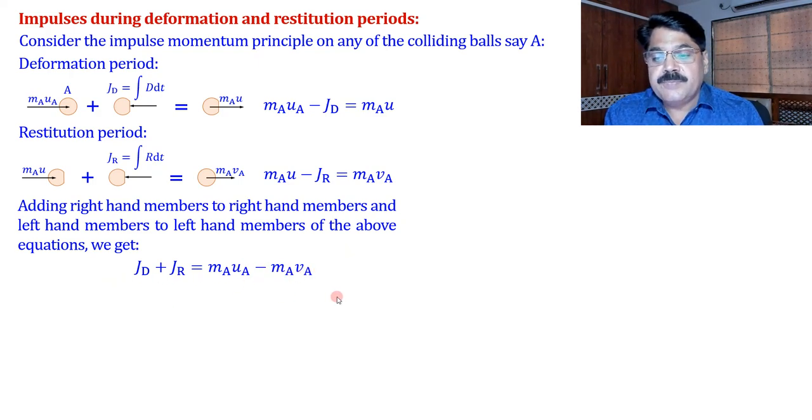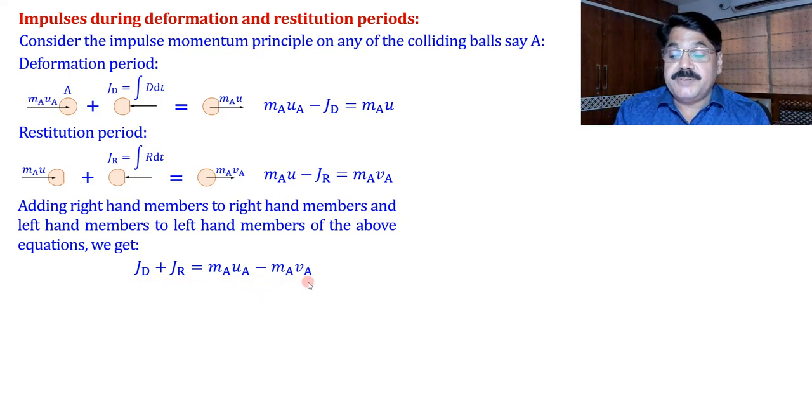That is what it shows. The total impulse during collision, that is impulse during the deformation period plus impulse during the restitution period, is equal to the change in momentum, that is, the decrease in momentum. Initial momentum minus final means decrease.